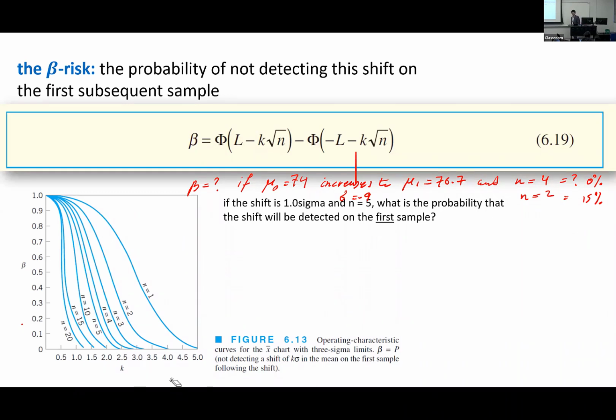Anyone? Anyone who can risk being wrong? So the amount of shift is 1 sigma, K is 1. So I look at here. N is 5, so I'm going to look at this one here. I see where this line crosses.